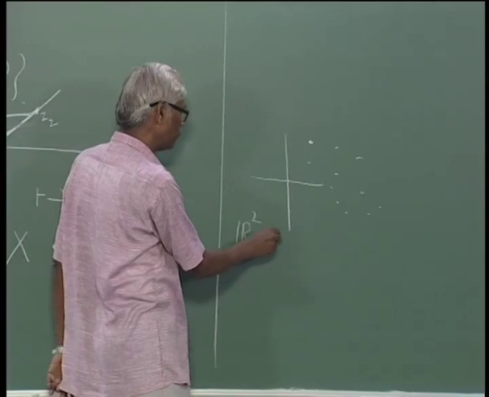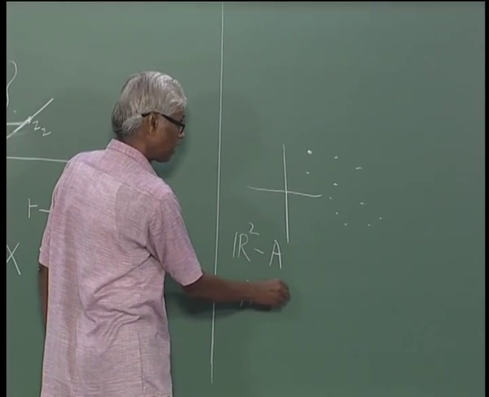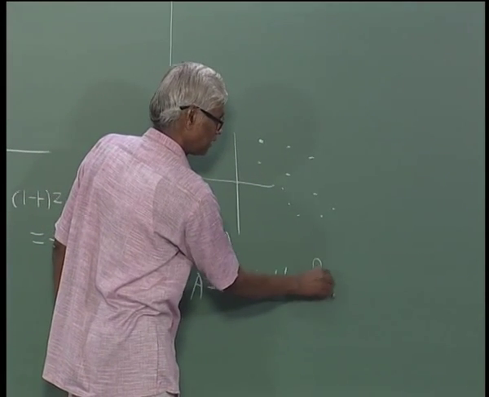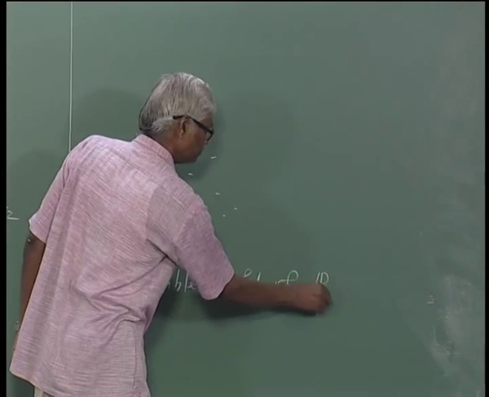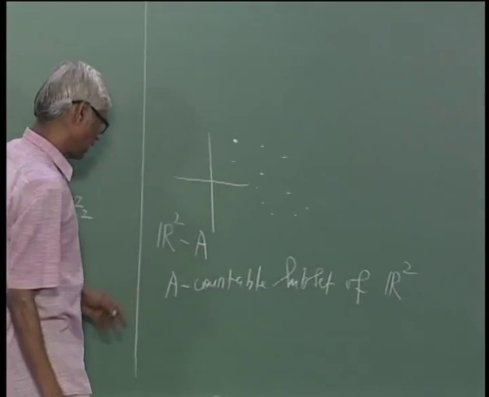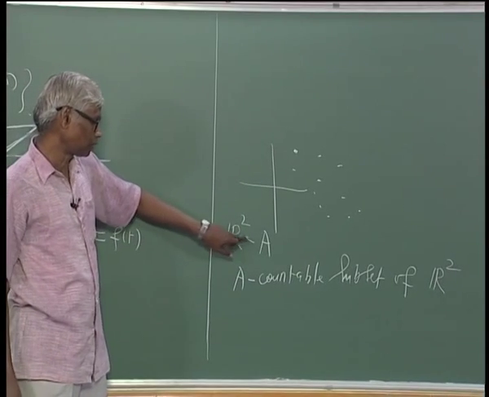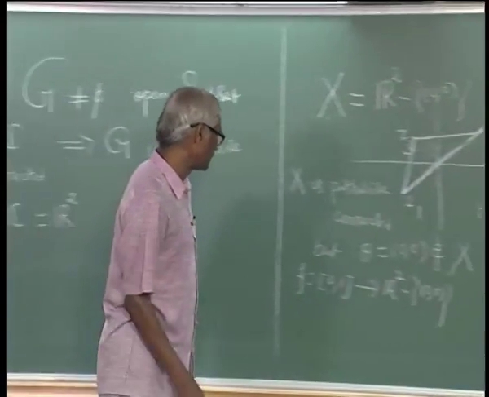In fact, if we remove capital A, a countable subset of R2, then also we can prove that R2 difference A is pathwise connected. We will not see the proof here.